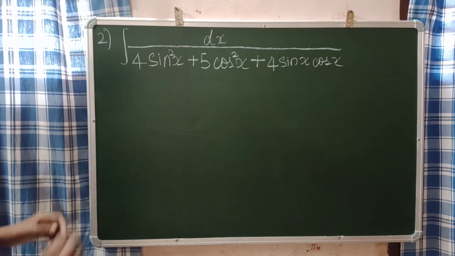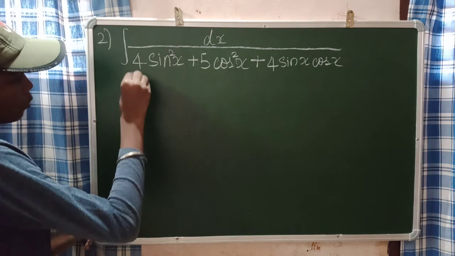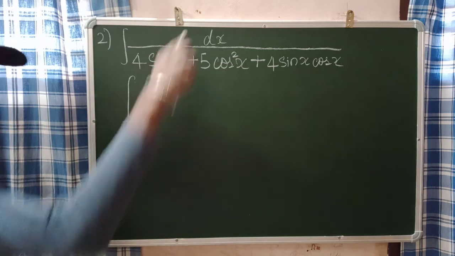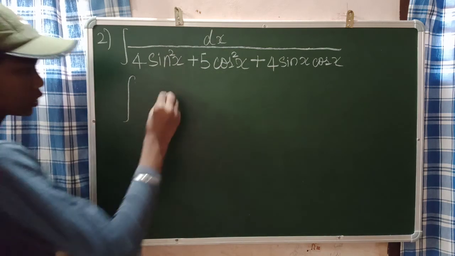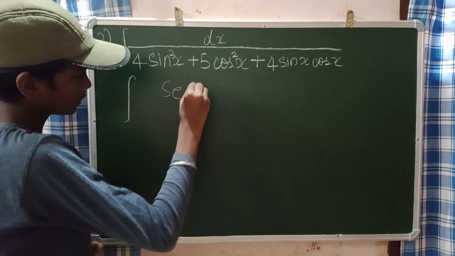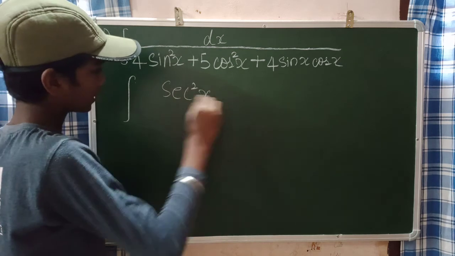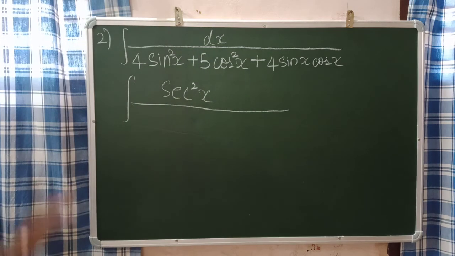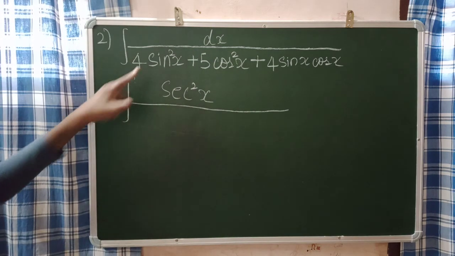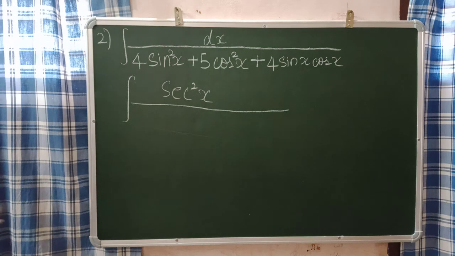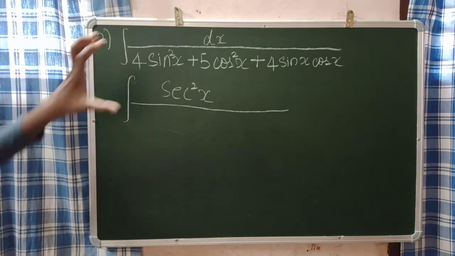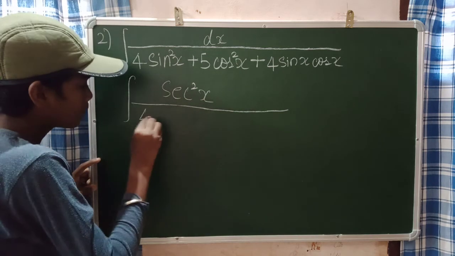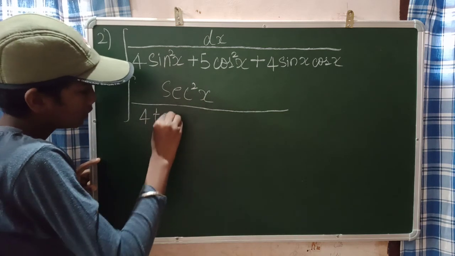When you divide cos square x on both numerator and denominator, in the numerator you will be getting 1 by cos square x, and 1 by cos square x is nothing but secant square x. Now, when you divide cos square x on the denominator, you will be getting 4 sin square x divided by cos square x, which is nothing but 4 tan square x.